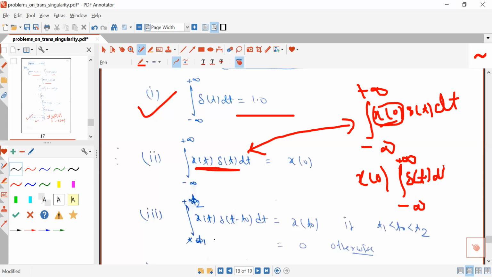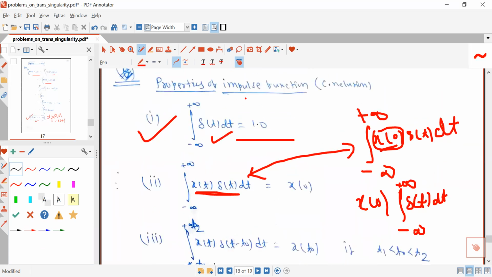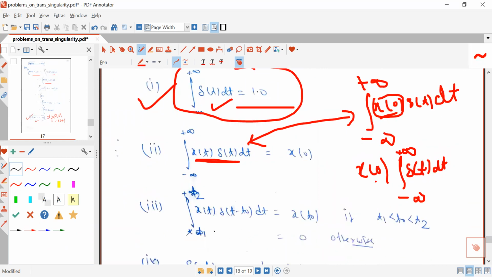And from the property of impulse signal, you already know this integral will have unit magnitude. So you will get 1. So x naught into 1, you will get x naught. This is the shifting property. In shifting property, you are using sampling property. Replacement of this product by this product is sampling property. And this one is the shifting property.